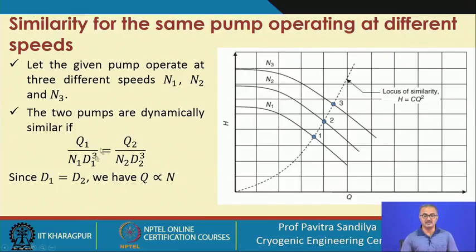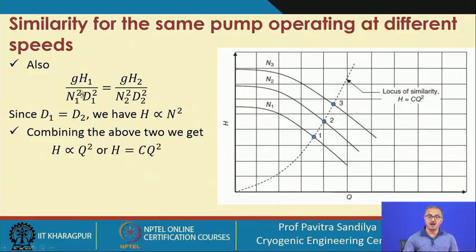In this case we have the same pump, which means the diameters are the same, so D1 is equal to D2, but this same pump is operating at two different speeds. If we change the speed, how will the flow rate change? We find from this equation that Q is proportional to N. That is, if the rotational speed is doubled, then the capacity will also get doubled. If the speed is halved, then the capacity will also get halved. That is the meaning of direct proportionality, and this is about the capacity.